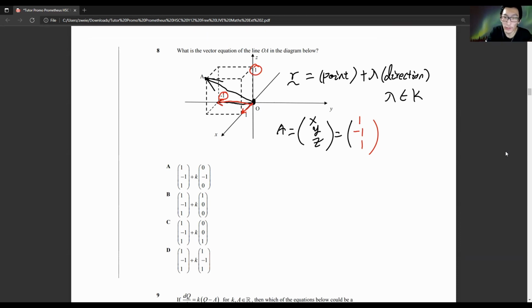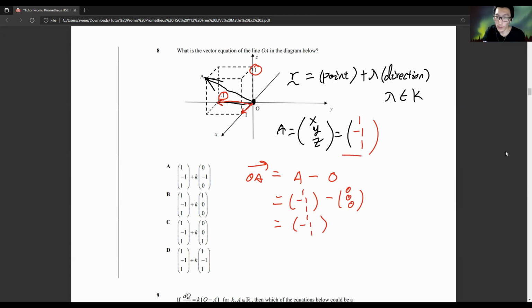Now I need my direction, which is going to come from my OA, right? My OA, essentially, you can think of it as point A minus the point of the origin, right? Which is 1, -1, 1 minus 0, 0, 0. That's my origin coordinates, right? So what I get is just still 1, -1, 1.